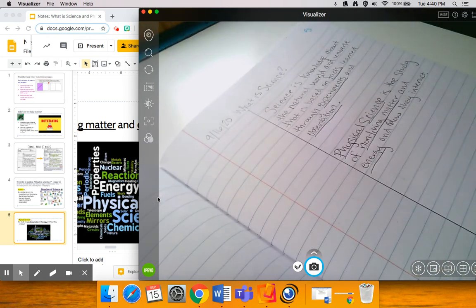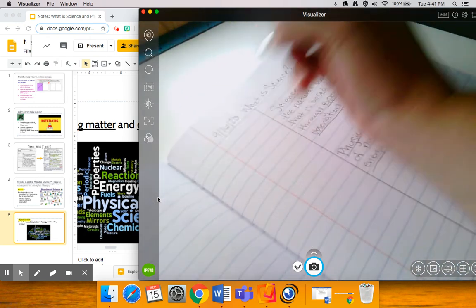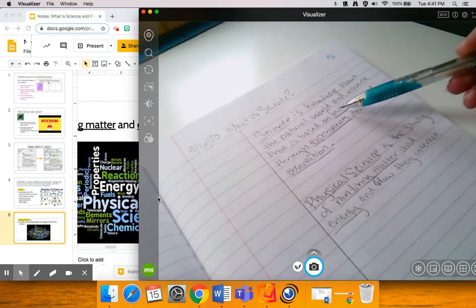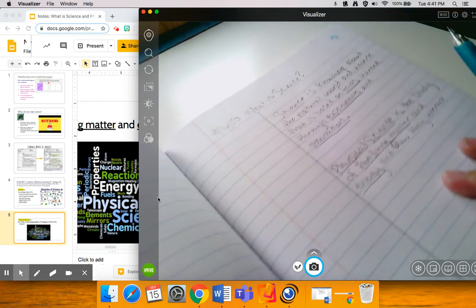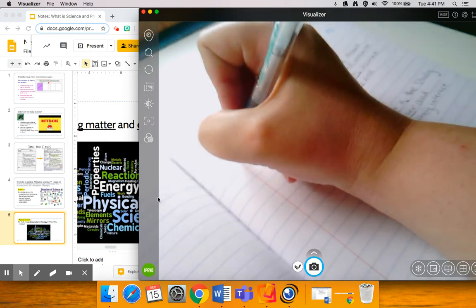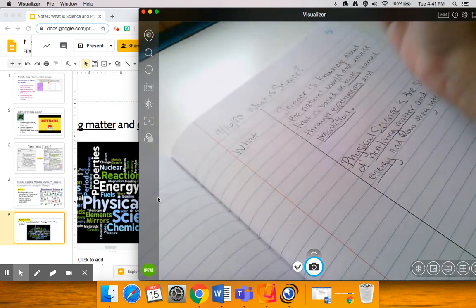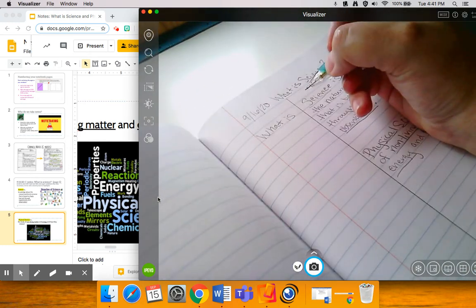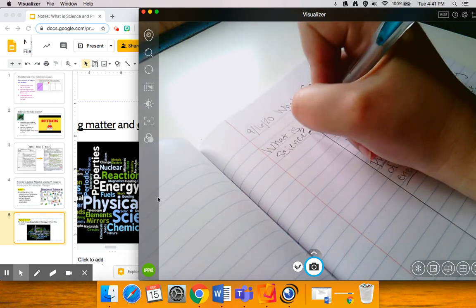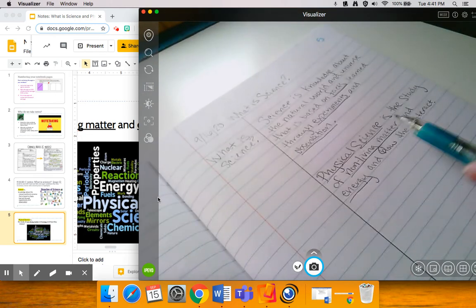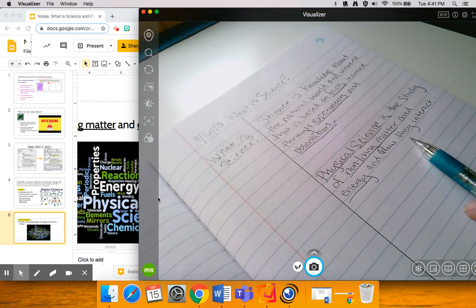What is science, or what is the definition of science? That would be great. Or even, what do you need to do science, right? You're going to collect facts through experiments and observation. Any of those would work. So I'm going to keep it simple and just write, what is science? Question mark. And here with physical science, it's just a definition of physical science. So let's keep it simple.